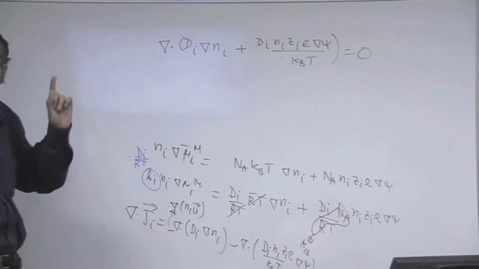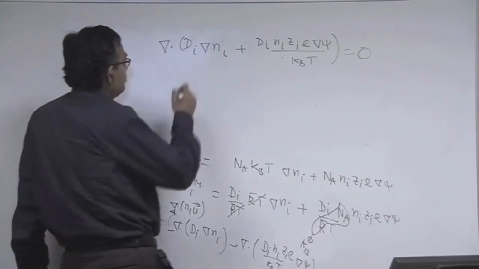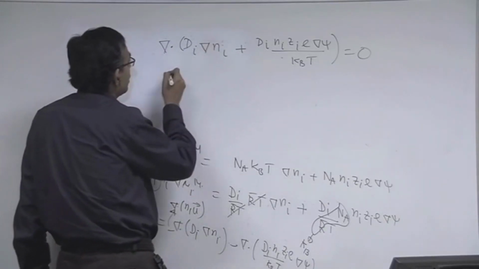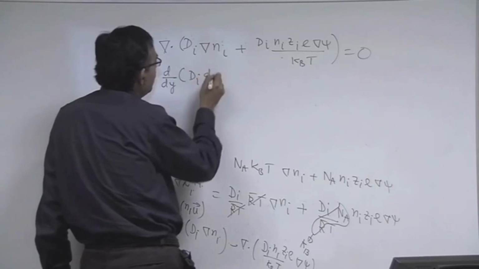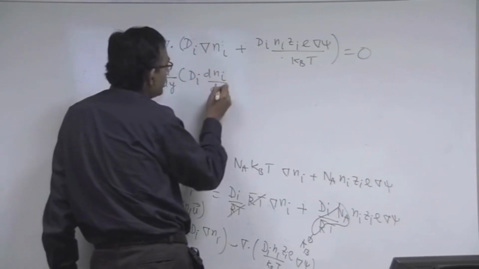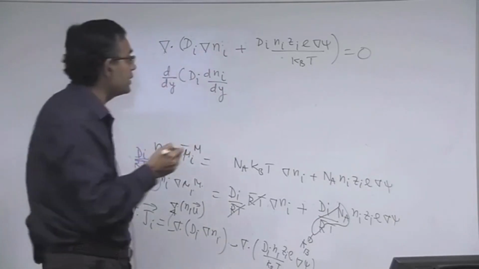For a one dimensional problem this will just become d dy of Di dNi dy plus the electromigration term. I am just writing a simple case of a one dimensional problem where everything is a function of y.